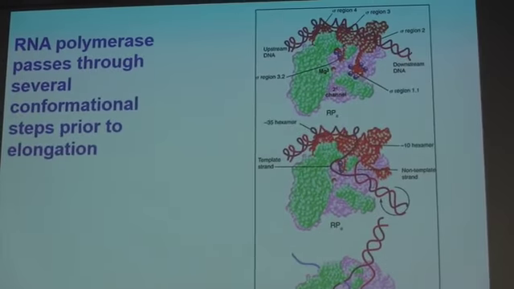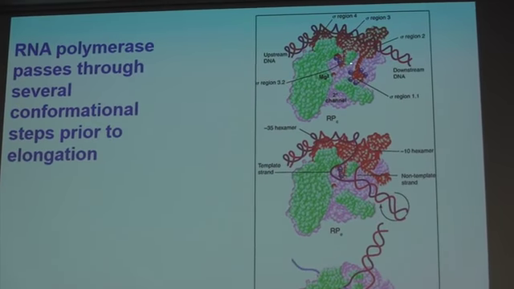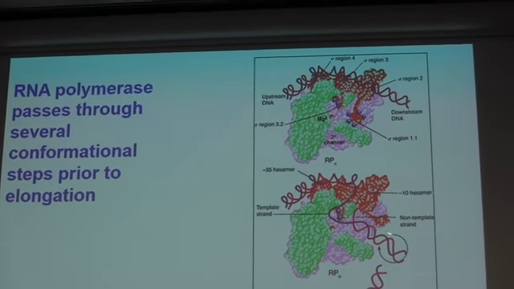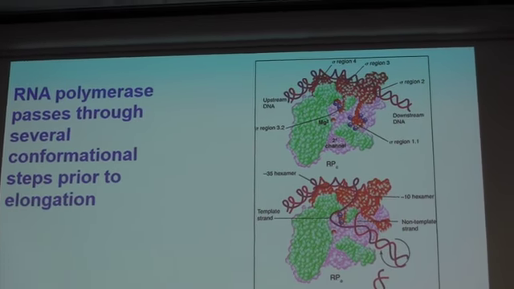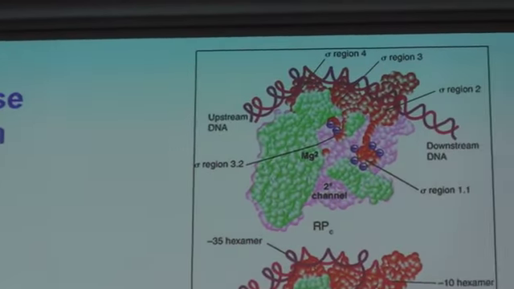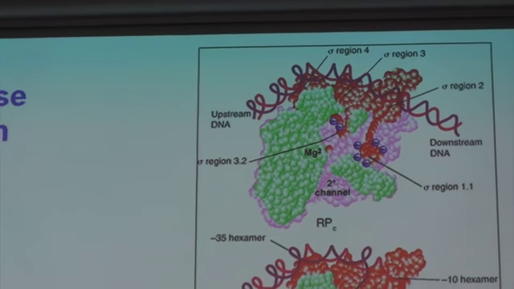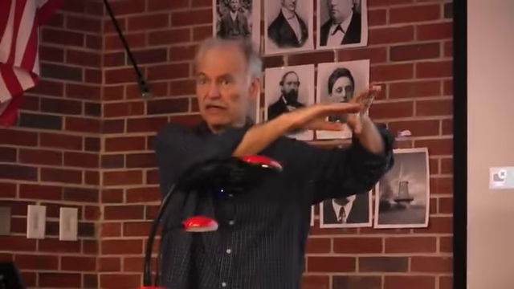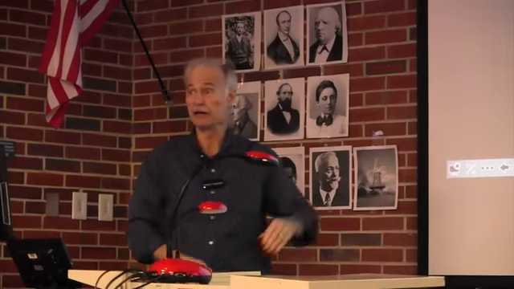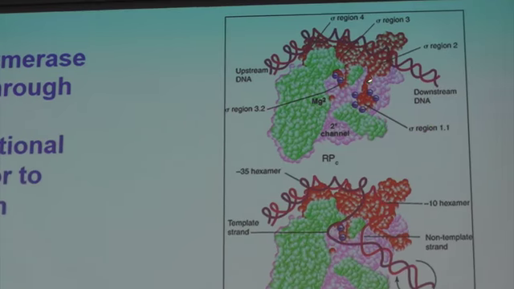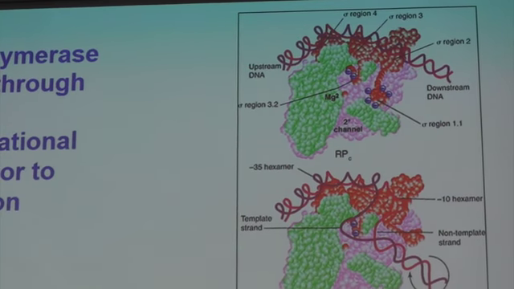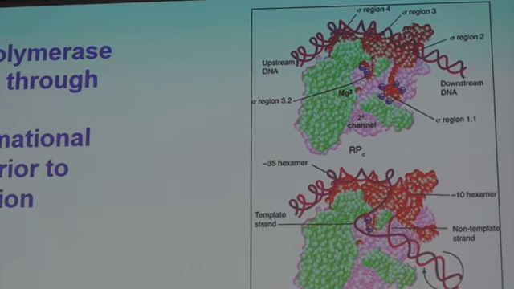There's another aspect of sigma in that at first, before DNA is present, a part of sigma actually occludes or lies within the groove that DNA is supposed to occupy. This end of sigma is called region 1.1, at the N-terminus, and is negatively charged, just like DNA is negatively charged.